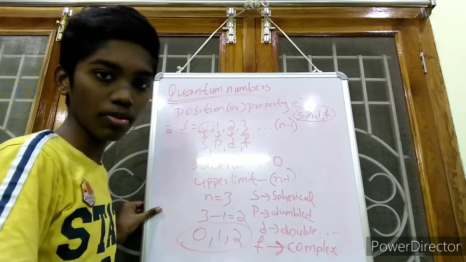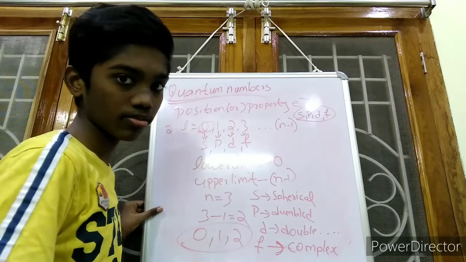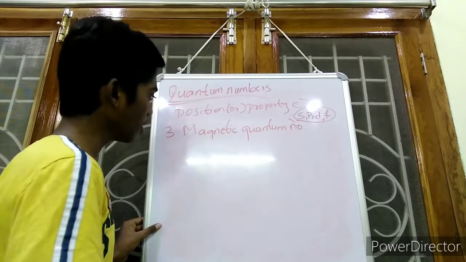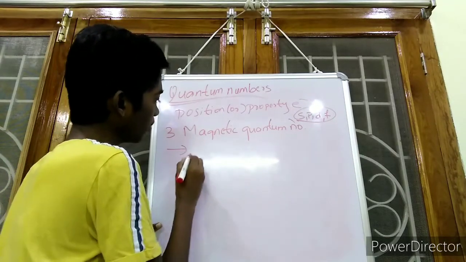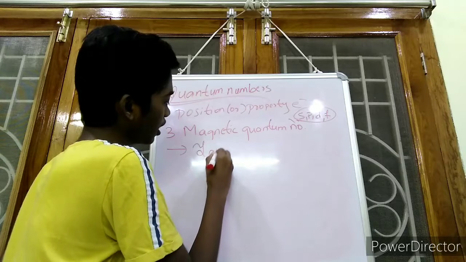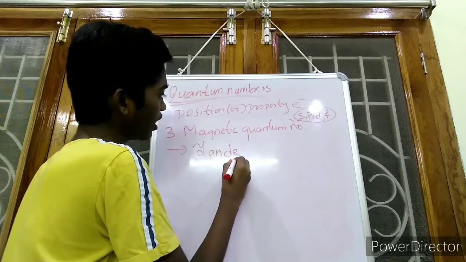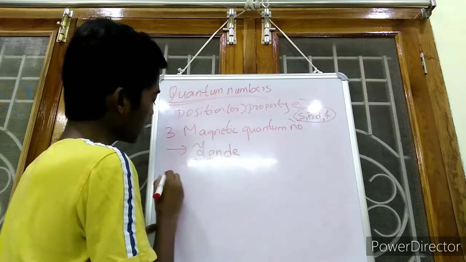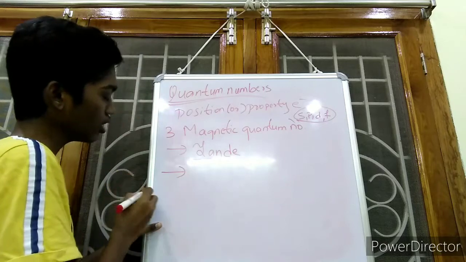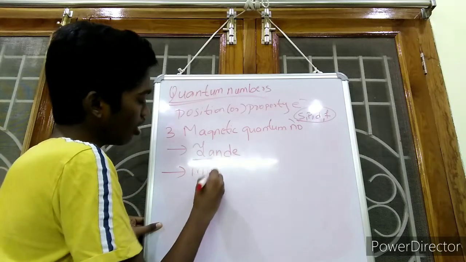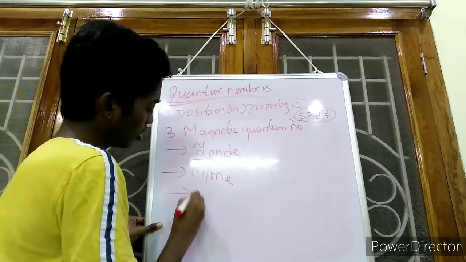Now I will explain the magnetic quantum number. The magnetic quantum number was proposed by the scientist Landé, and it is denoted by m or m suffix l.